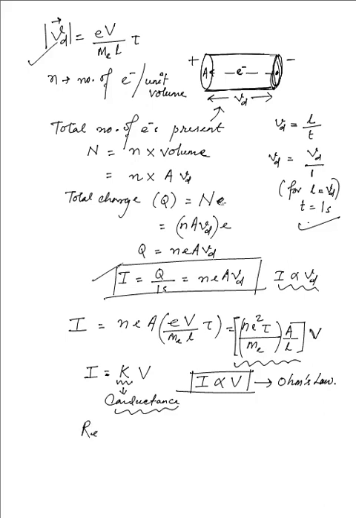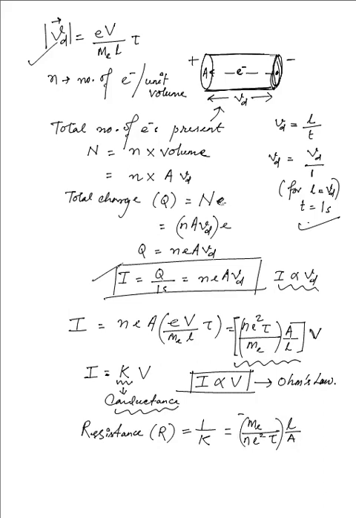So we have the term resistance, represented by R, equal to the reciprocal of conductance. That means if we consider that bracket over there, resistance is simply ME divided by NE squared tau, L divided by A.